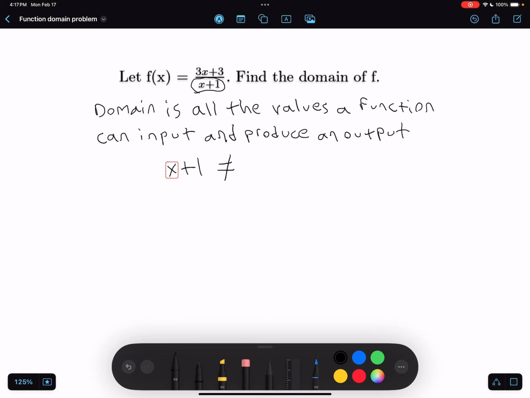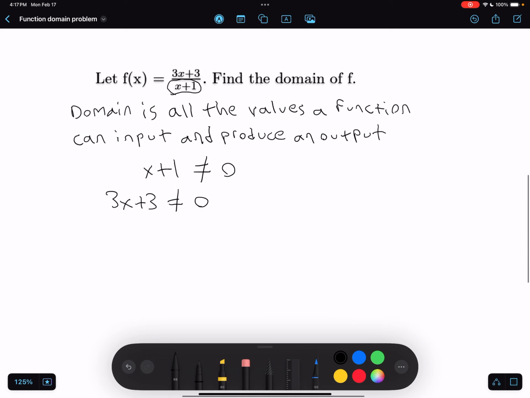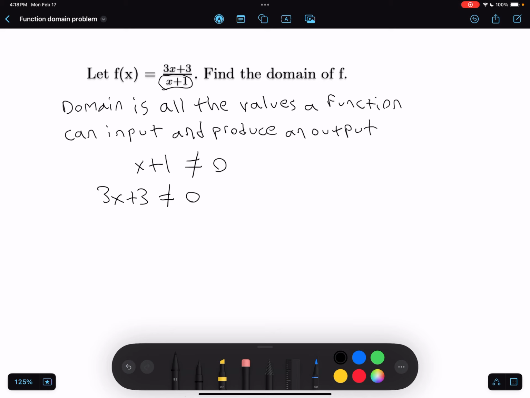We also can't have 3x + 3 equal to 0, because that would make the numerator 0, and that doesn't work either in this fraction. It just so happens that if x equals -1, both the numerator and the denominator are 0, because -1 + 1 is 0.